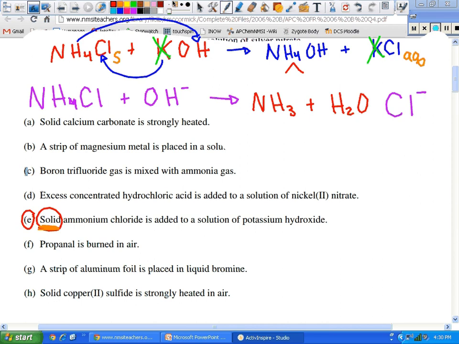Because this is a salt. Recognize it? What type of salt is this? NH4 came from a, try again, weak base. HCl came from a strong acid, so this is an acidic salt.